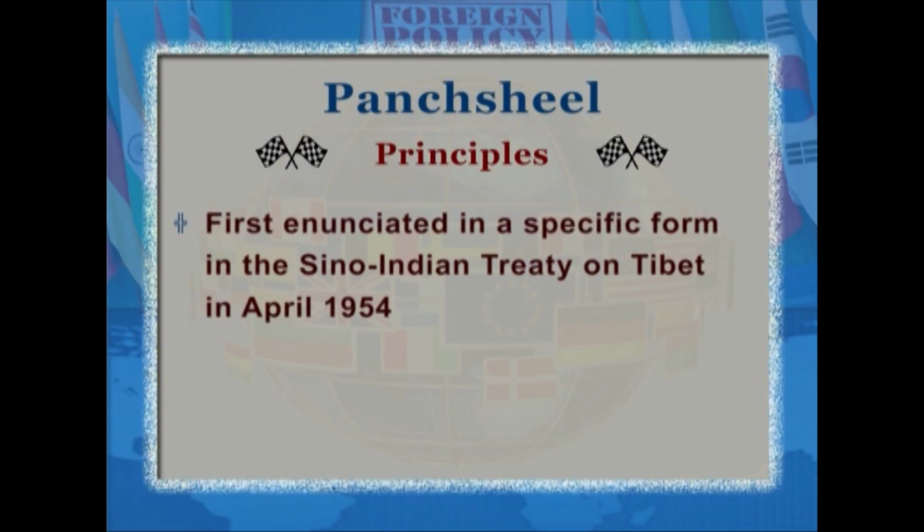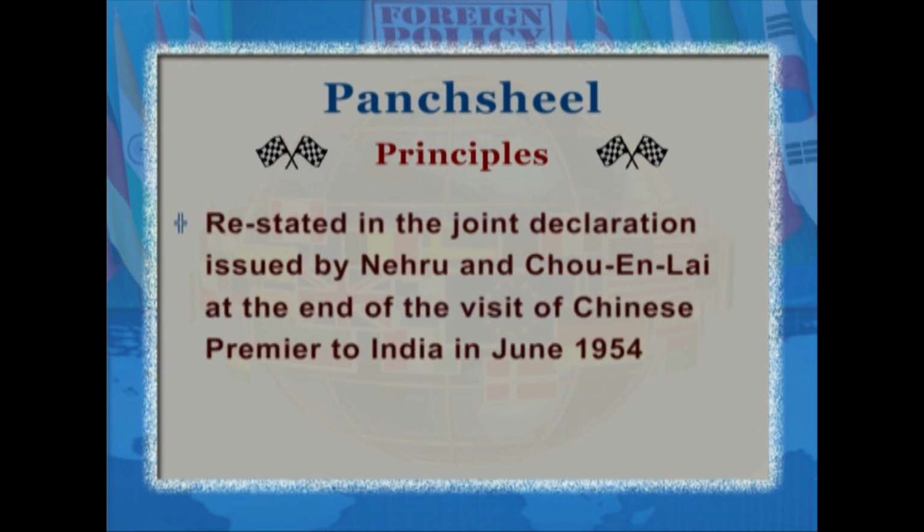These principles were first enunciated in a specific form in the Sino-Indian Treaty on Tibet in April 1954 and were restated in the joint declaration issued by Nehru and Chou En-lai at the end of the visit of Chinese leaders to India in June 1954.